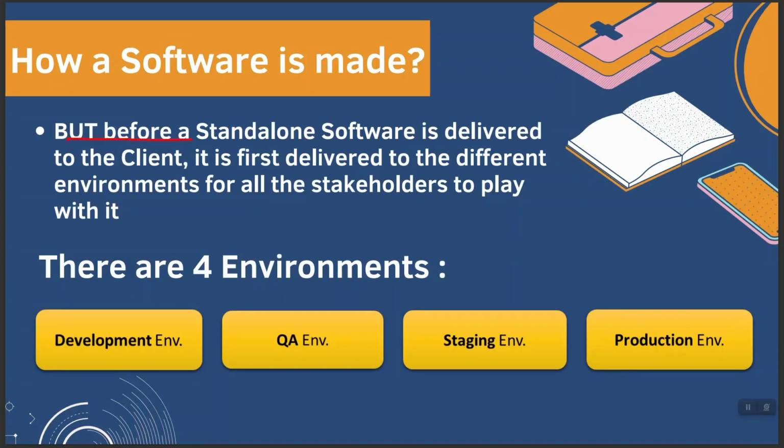But before a standalone software is delivered to the client, it is first delivered to different environments for all stakeholders to play with it. So, guys, there are majorly 4 or 5 environments in the software development phase. Here we are missing one more environment, which is also an important environment, often referred to as UAT, the user acceptance testing environment.